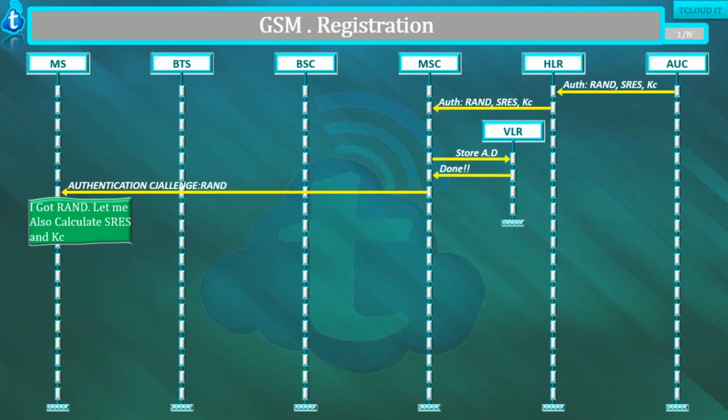Now, normal logic is if the same K value that is used by authentication center is used by the mobile station, so if the K and the random number are the same, if you pass the same two parameters into a particular algorithm, the output will be the same.